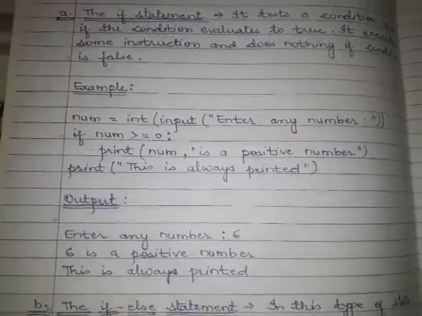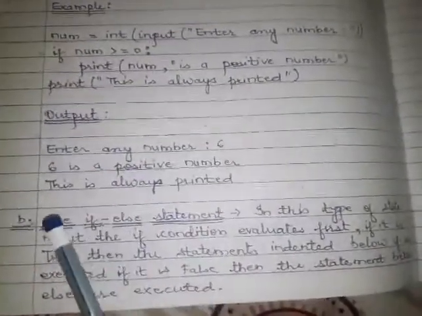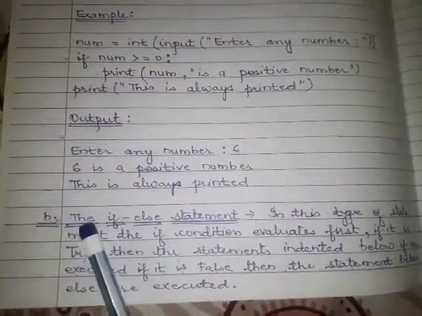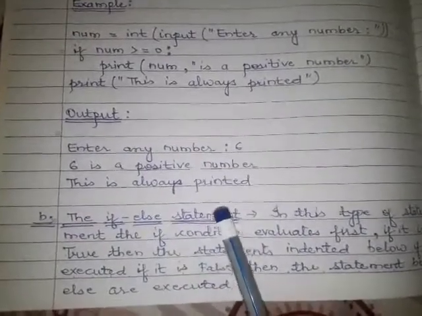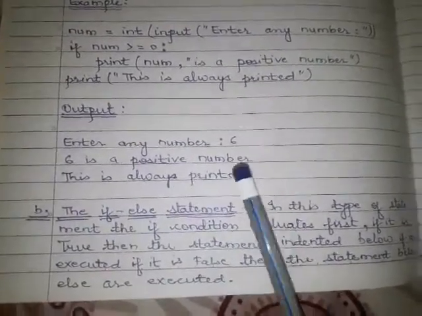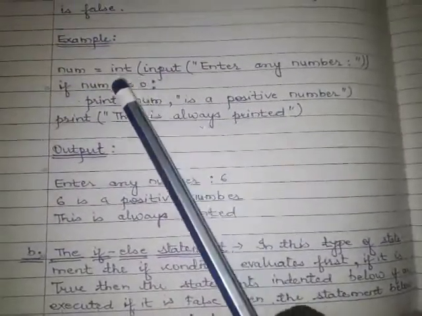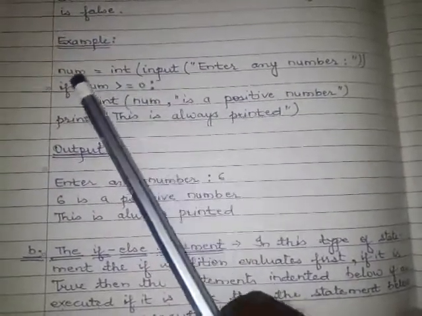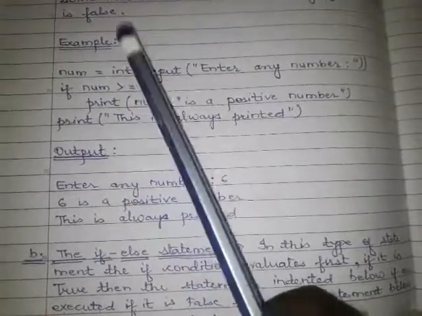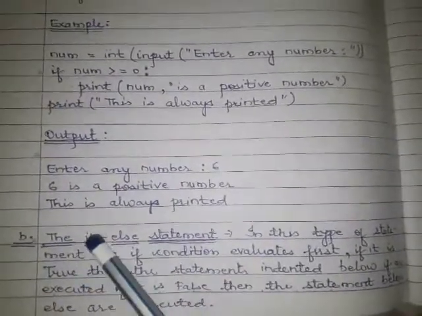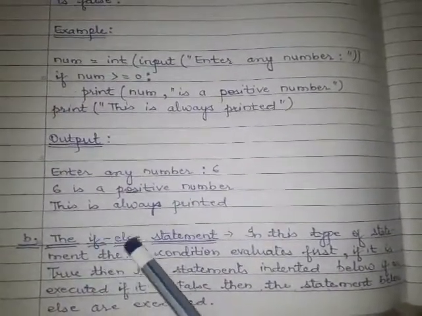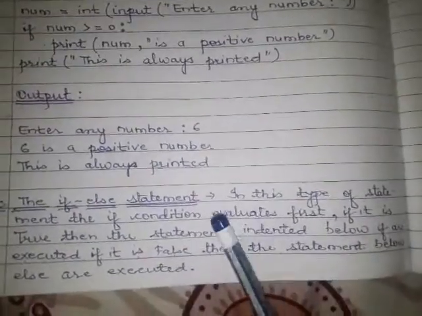Now another case. The second one is the if else statement. In the previous case, if the condition is false, we have not chosen any option for what to do. But in this case, if the condition is false, the else block will be executed. Let us see what is written in it.